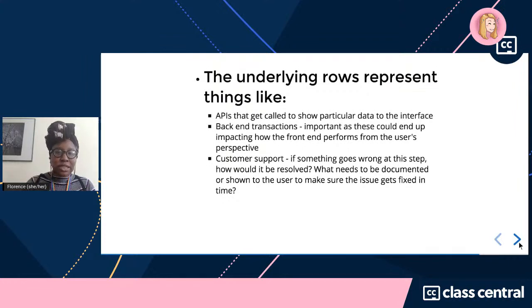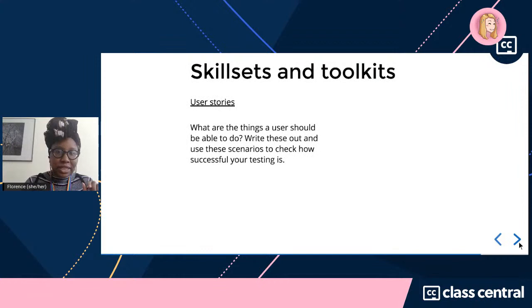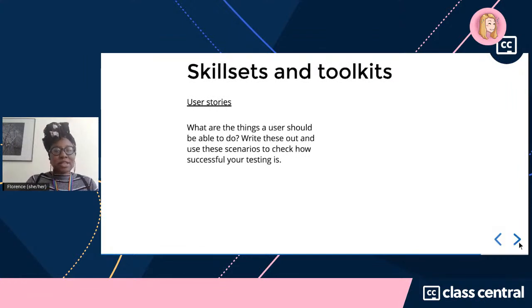If something goes wrong, do they have to call a number? Do they have to send an email? And if they do have to send an email to someone, how soon are they likely to hear back, to be able to resolve their issue? So yeah, there's a lot of things that go into that.